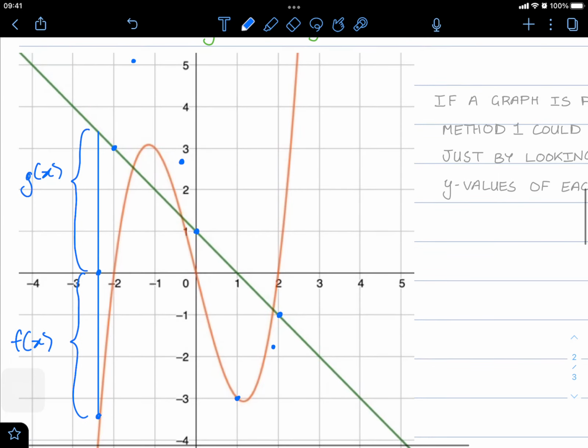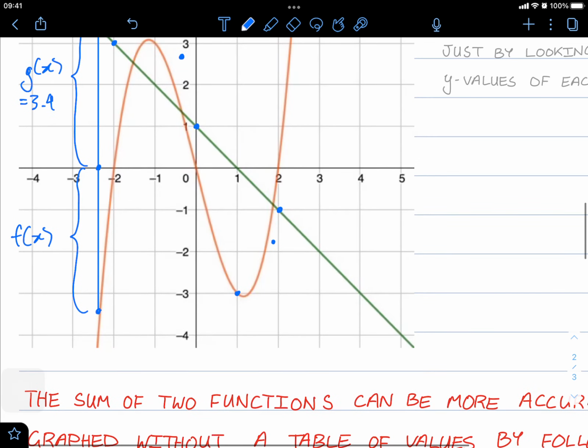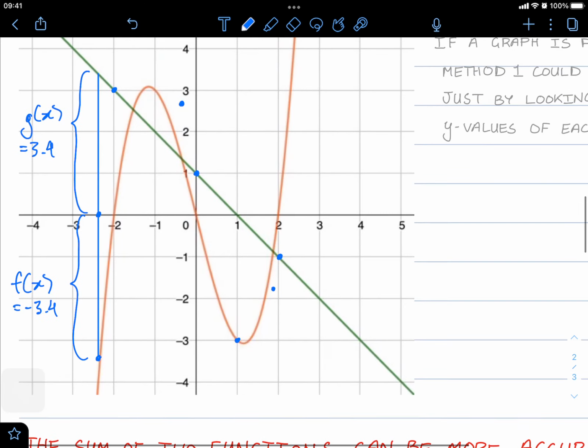So this height here looks to be about 3.4, and this one looks to be about negative 3.4. And because when we add them they're opposite signs, we get an x-intercept. And there we have it there.